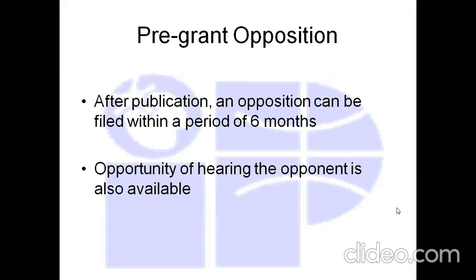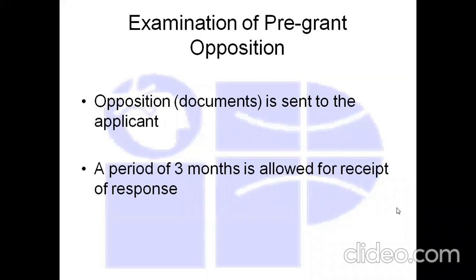Pre-grant opposition also, but this is not an issue, because if you go through a registered firm, these are all controlled by the firm's head, right? After the publication, an opposition can be filed within a period of 6 months. The opportunity of hearing the opponents is also available, right?